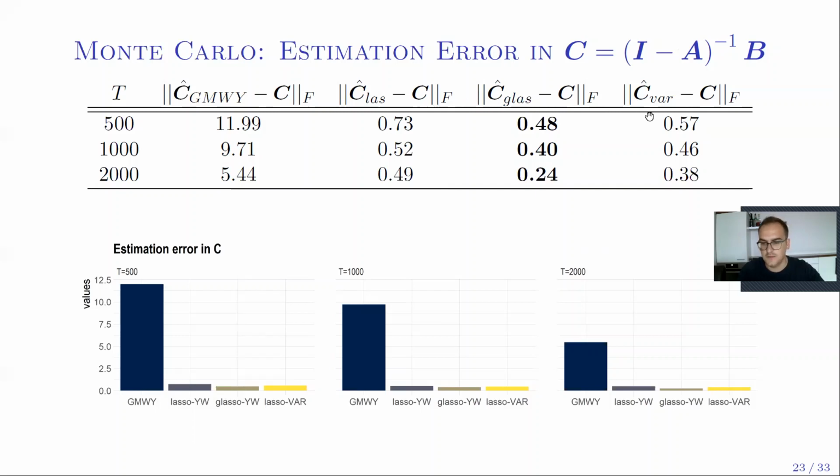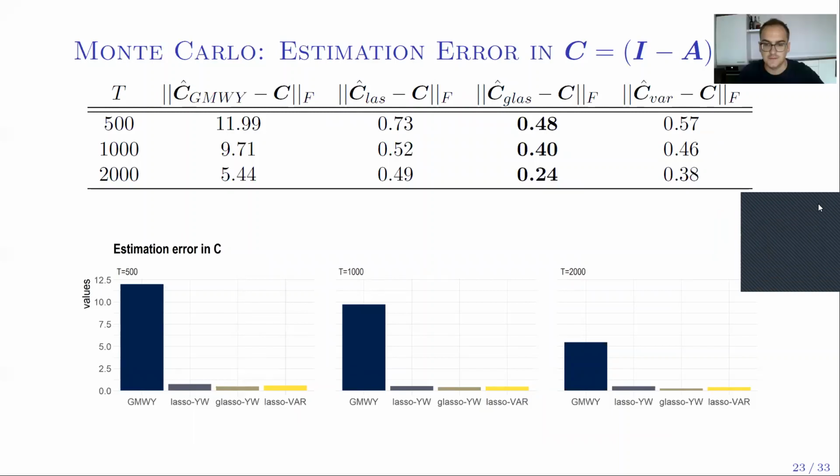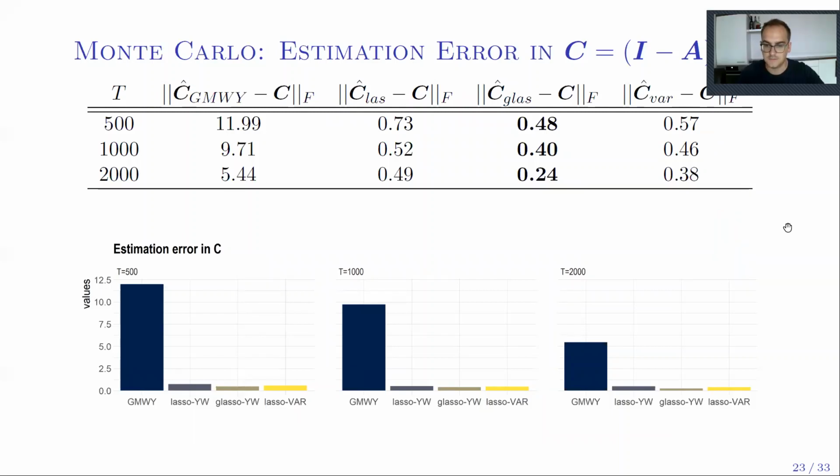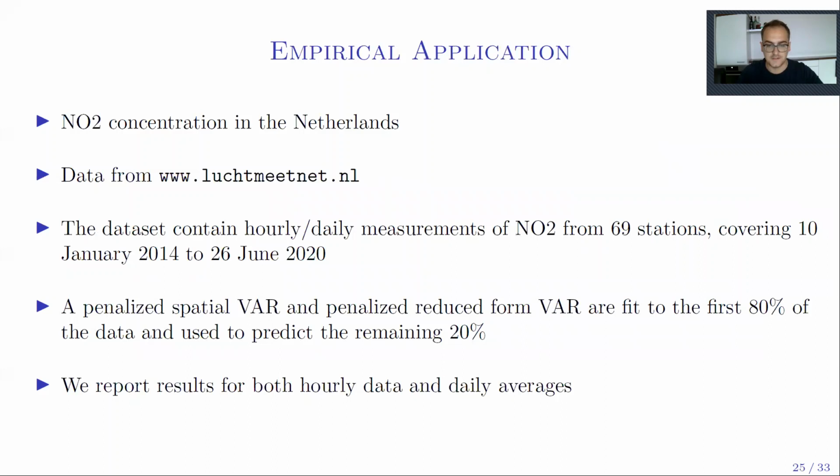But the three penalized approaches do well, and the group LASSO approach actually still does better than the direct reduced form VAR estimator. So apparently the use of sparsity in the spatial model leads to some gains compared to the reduced form VAR estimator.